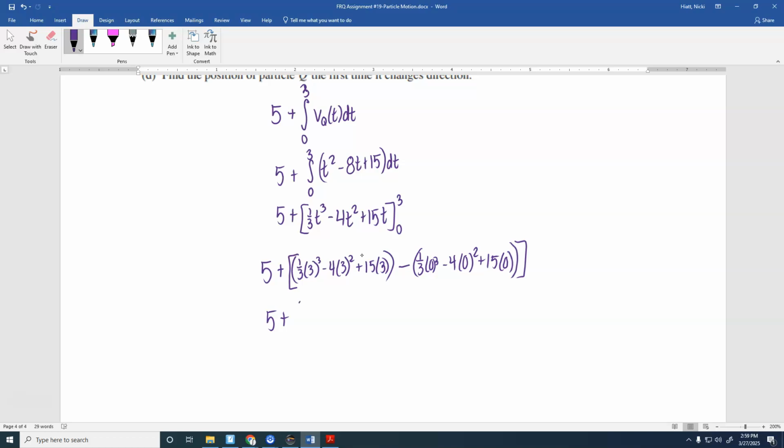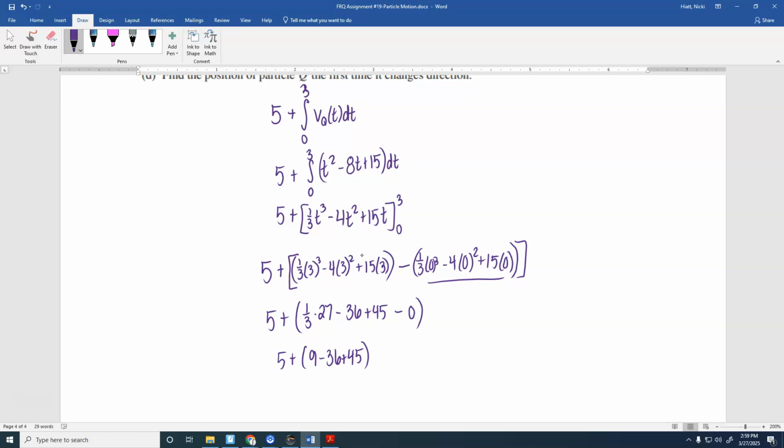This is going to be 1/3 times 27 minus 4 times 9 is 36 plus 45. And then all this stuff over here is just 0. So that's going to be 9 minus 36 plus 45.